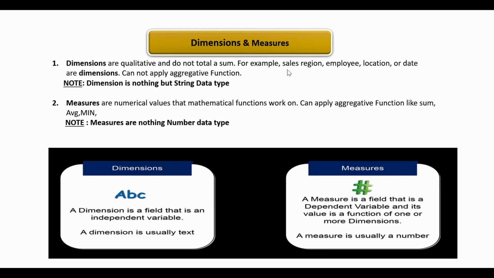As you can easily understand in one word, a dimension is usually in text format, that is string, meaning ABC. Customer name, email IDs, location, category, subcategory, product name, whatever it is, in text format.